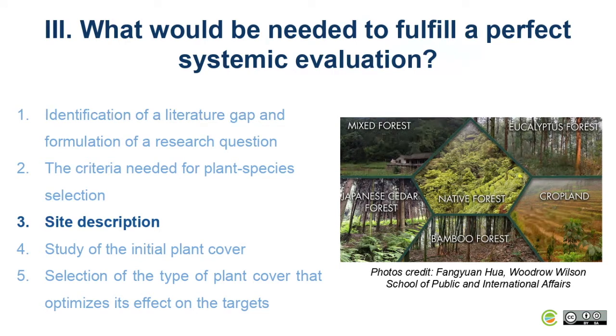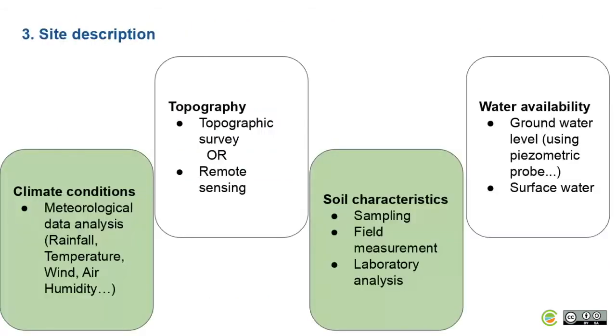And before the choice of the good species or species combination for the plantation, it's important to know clearly in which site the project will be implemented. So the first part of the project that we propose is to clearly describe the site of implementation. That is to say, the climate condition of the site.